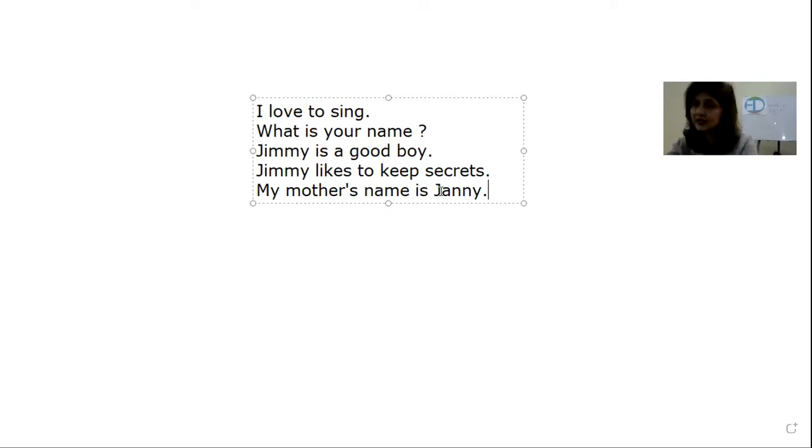So I have written that with a capital letter. So it is not that you will always write only the start of a sentence with a capital letter and end with a full stop. No, it is not like that always. If a sentence has any proper noun, any name, special name, that name is also written with a capital letter. Do you understand my point?